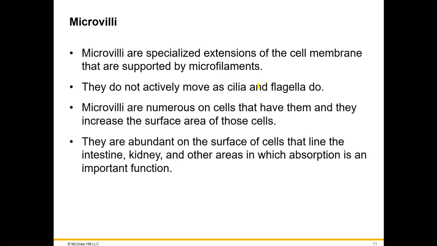And microvilli are folds within the plasma membrane, and what they do is increase the surface area of cells that contain them. So there are kidney cells, and intestinal cells that function in absorption, and they're going to be lined with microvilli so that they can absorb even more.